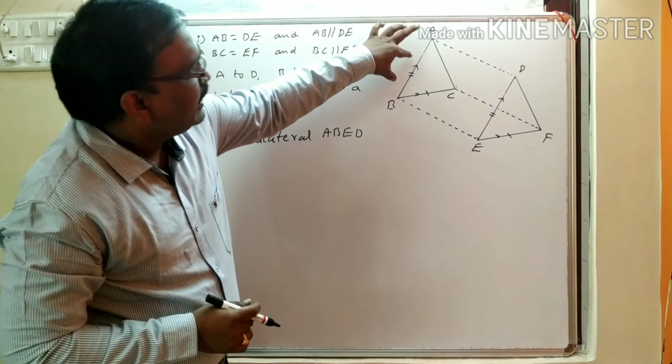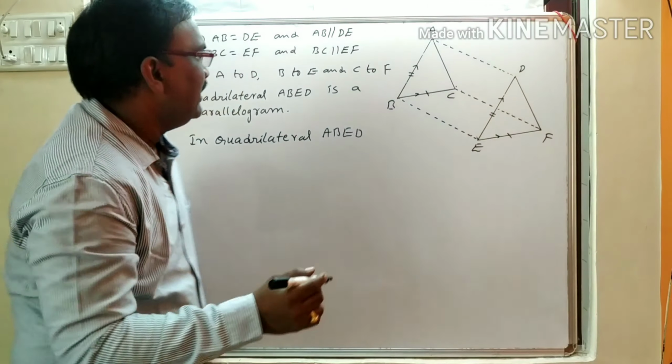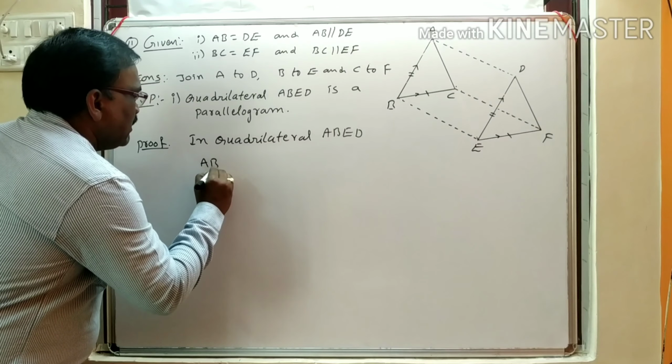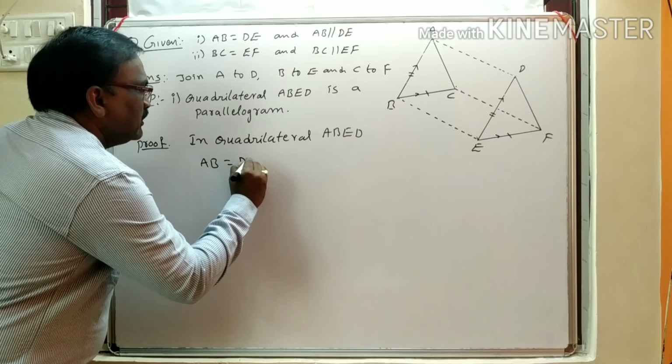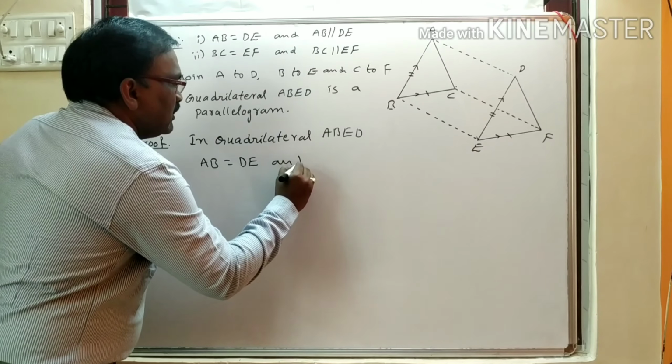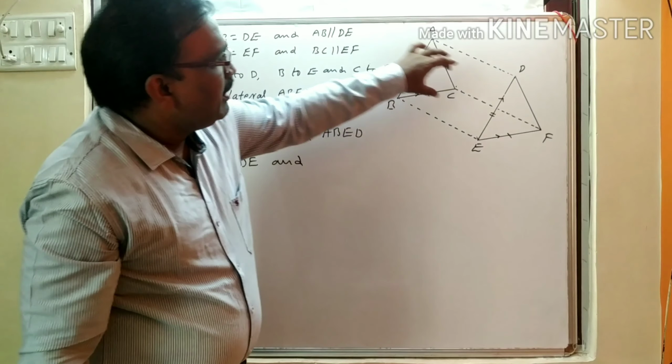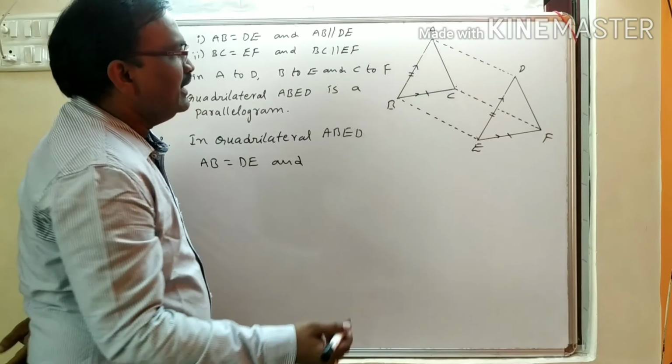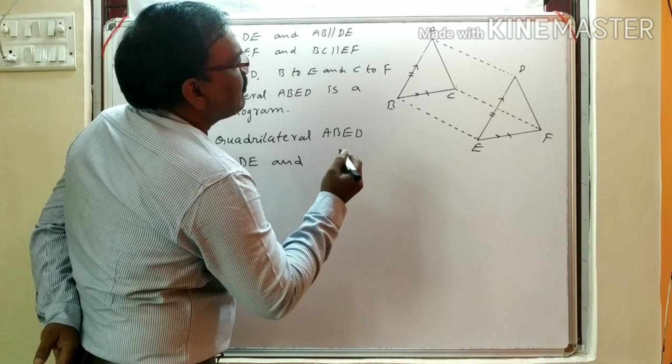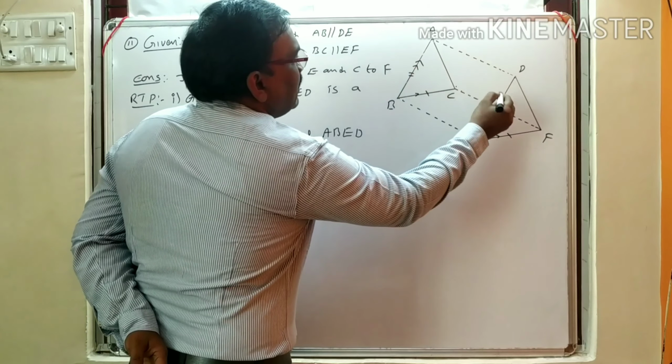AB is equal to DE and AB parallel to DE.